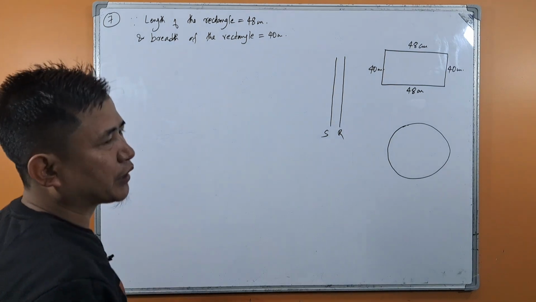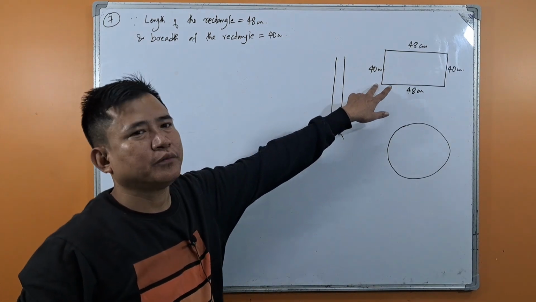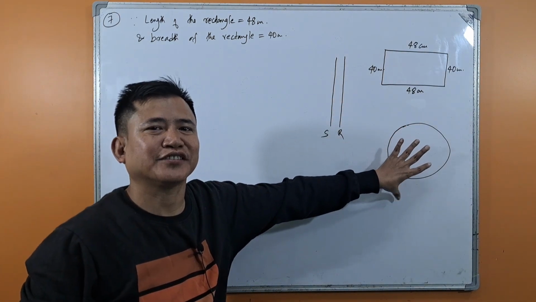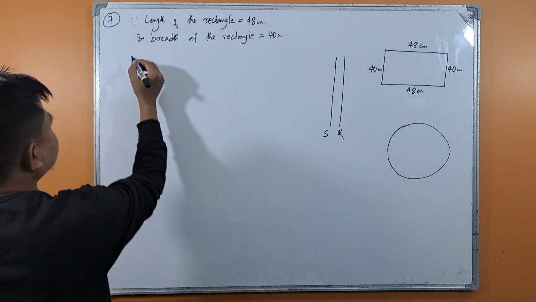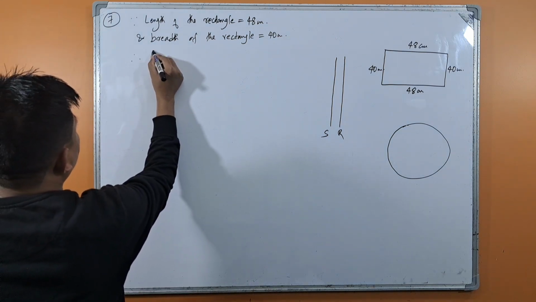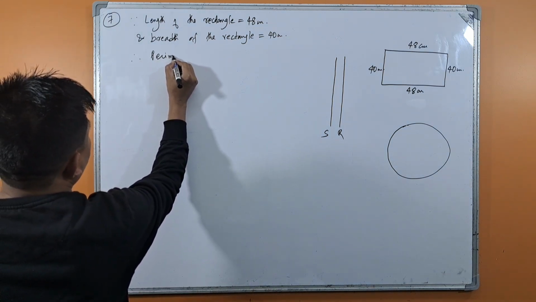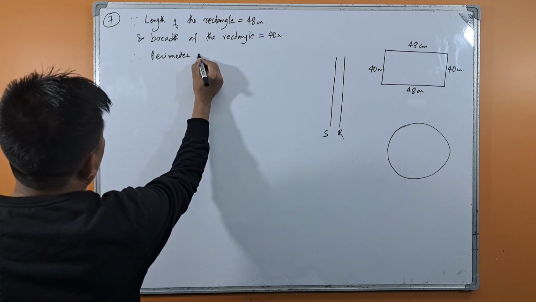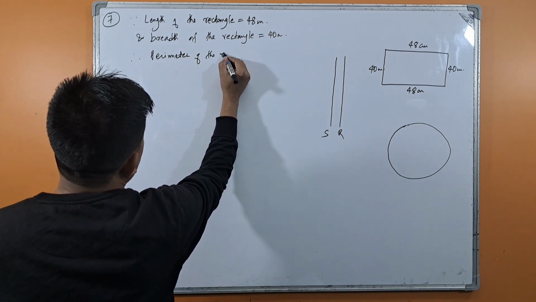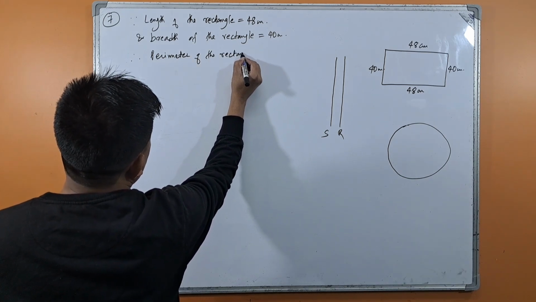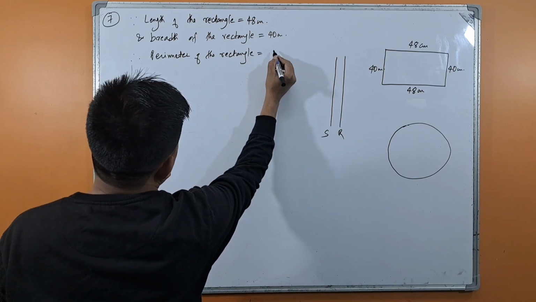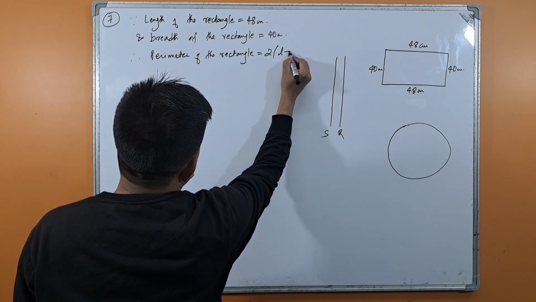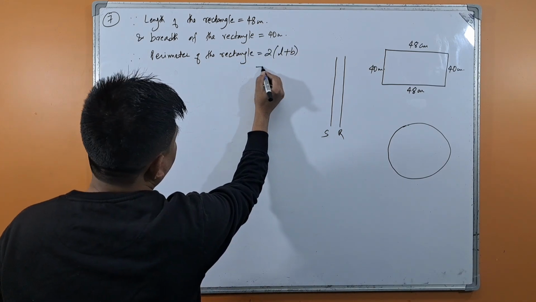So let us find the perimeter of this rectangle, which will be equal to the perimeter of the circle, that is the circumference of the circle, okay? Therefore, perimeter of the rectangle made by Sumit, okay? Perimeter of the rectangle equal to 2 into length plus breadth. This is the formula for perimeter, isn't it?